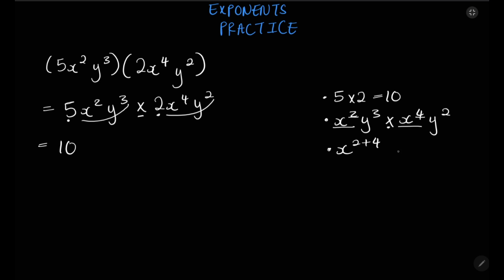Let's move to y. We have y and y. Our exponent is 3 plus 2. Therefore, our variables are x to the power 6, y to the power 5. So our final answer is 10x to the power 6, y to the power 5.